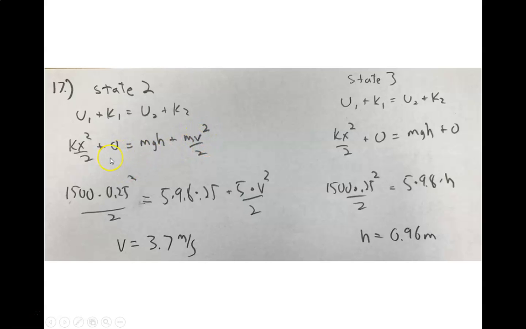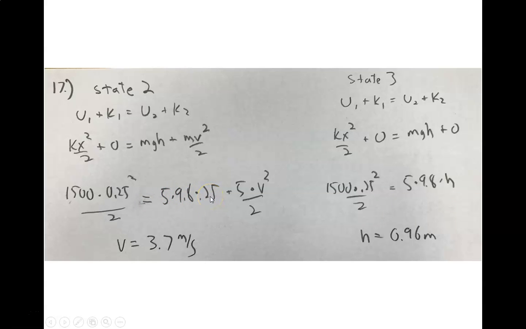So now notice here that the m's don't cancel out because we do not have an m. This is kx squared over 2, not mv squared over 2. So we can't cancel out the m's. So plugging in numbers, 1500 for k, the spring constant, x squared, it was compressed a quarter of a meter, over 2, equals 5 mass times gravity times height, 5 times 9.8 times 0.25.